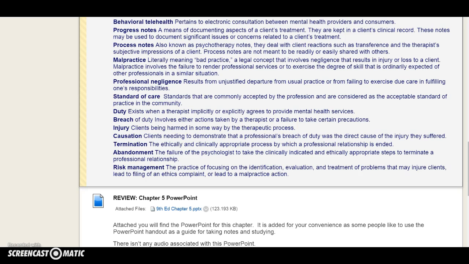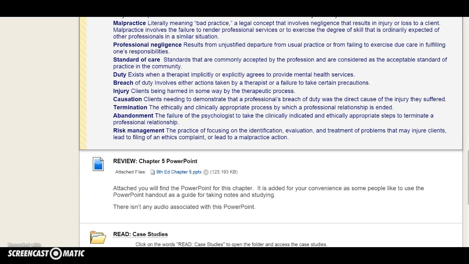And he probably would have had a very, very difficult time justifying his thoughts and his processes and his manner of treatment to a colleague had he stepped away from the situation and sought some help. But that would be a perfect example of professional negligence.